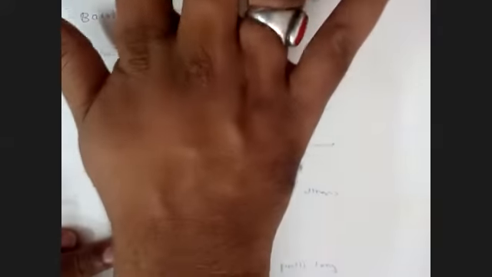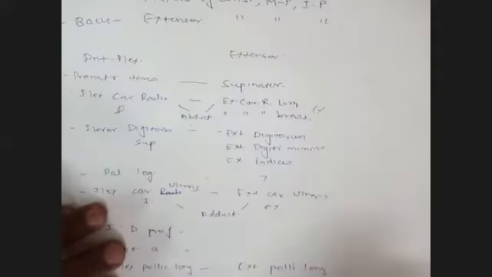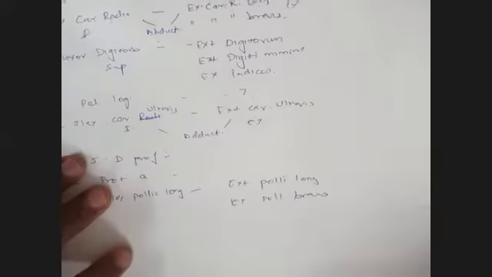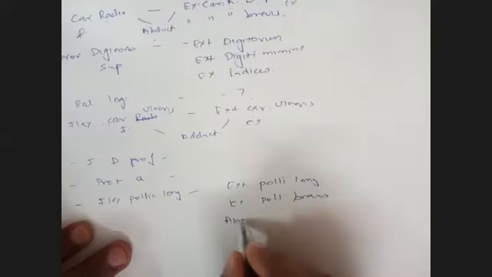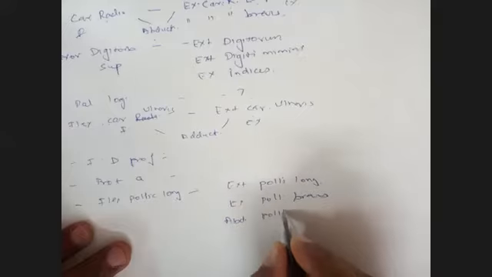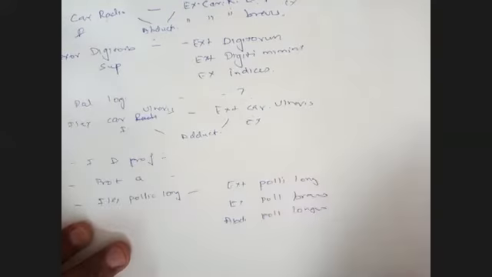All the intrinsic muscles are here in the front. So extensor pollicis brevis comes from this compartment, from back of forearm. Intrinsic means taking origin and insertion both inside the hand. And there is abductor pollicis longus. We have already seen in the intrinsic muscles of the hand, there is abductor pollicis brevis. So abductor pollicis longus here.